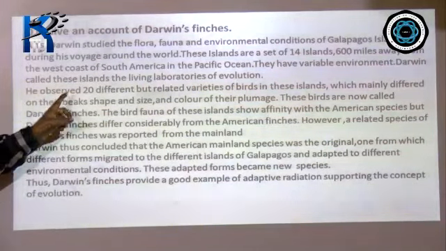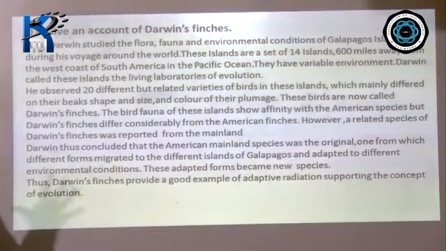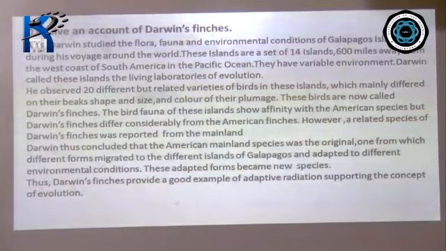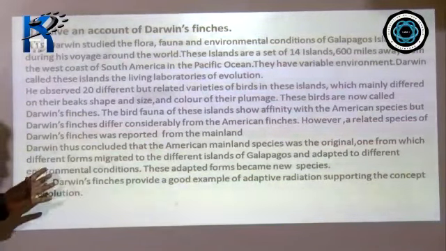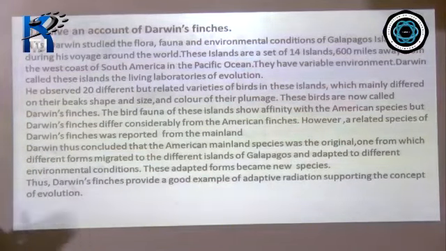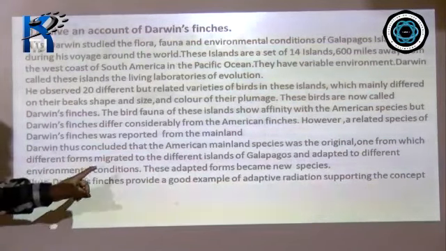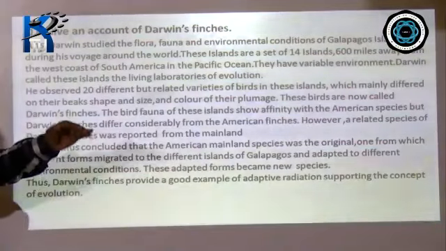All those 20 types of finches were different in their morphological features, depending upon the food habit. So these adapted forms became which species?